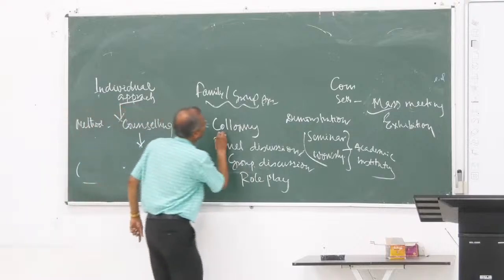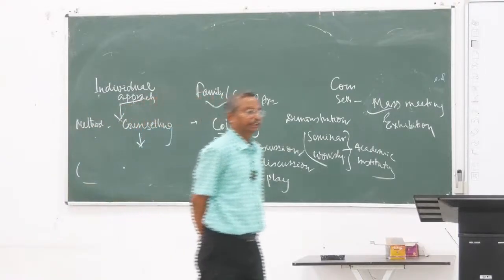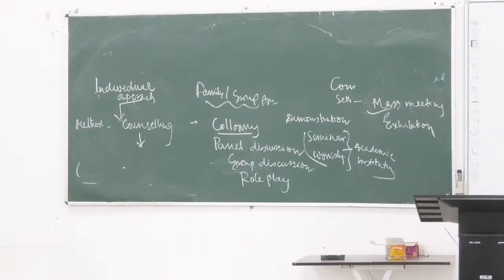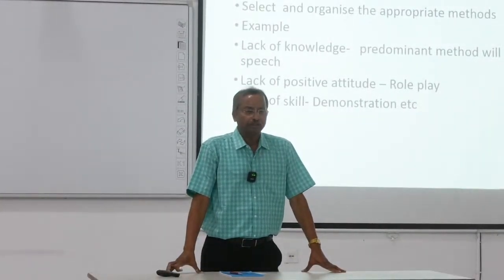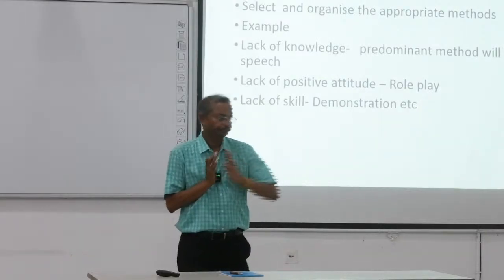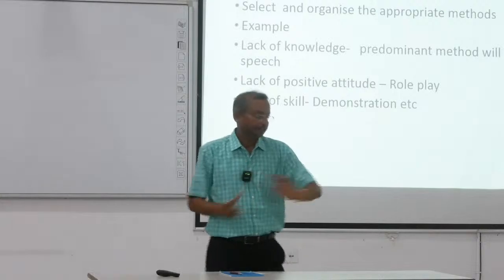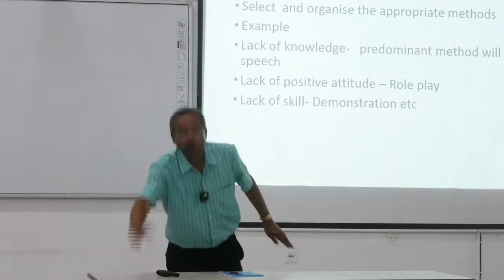Then another method that is very important in the community setting, that is colloquy. Colloquy means it's a method of intervention where a moderator will be there, and there are two sides, left and right. On the left side, resource persons will be there, and on the right side, audience representatives.